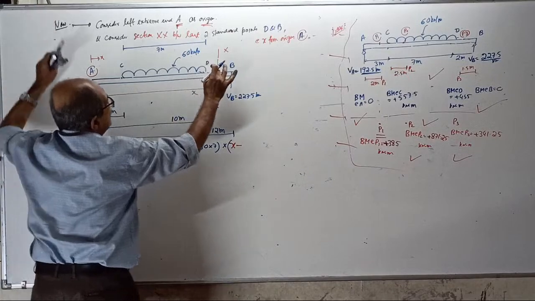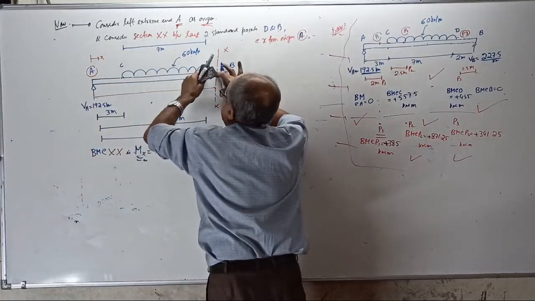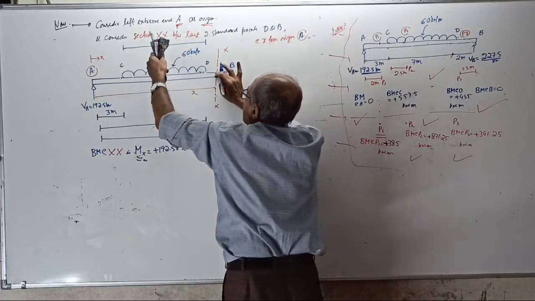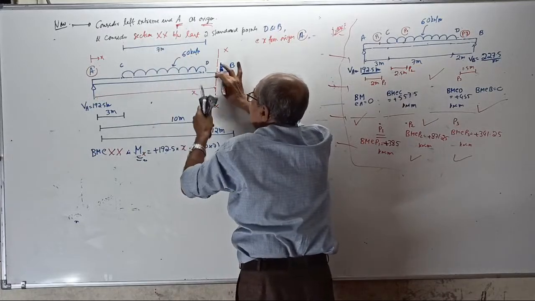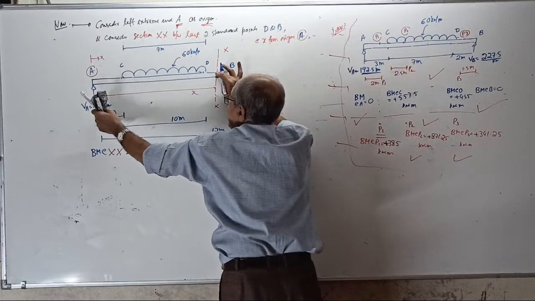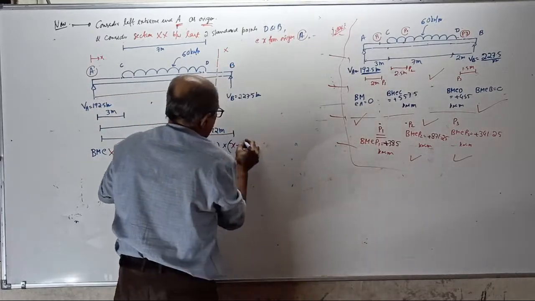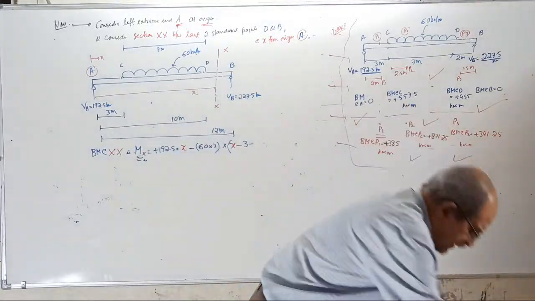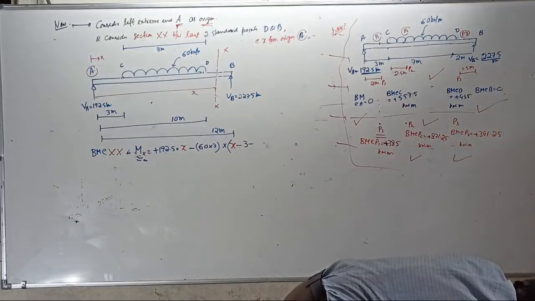See bending moment here: 60 into 7 is the total load, into the center of the load from here, which is X minus 3, and also minus how much?